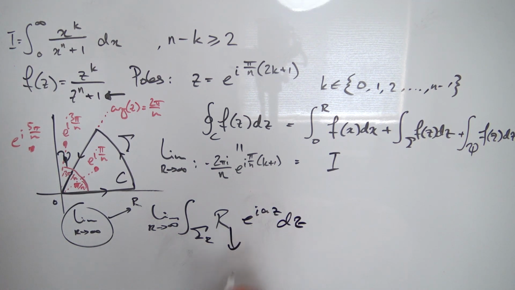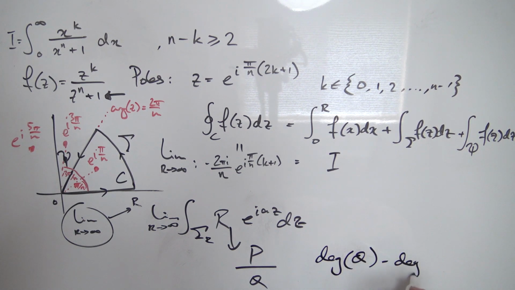So if R is a function of the form P over Q, where the degree of Q minus the degree of P is greater than 2.